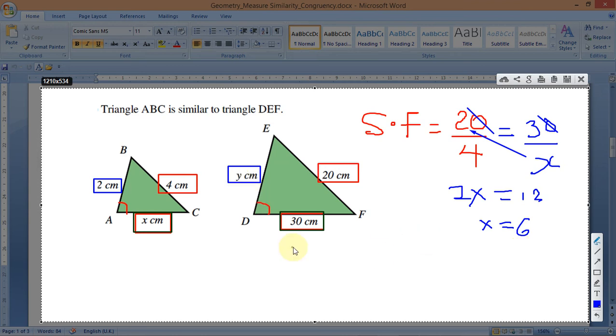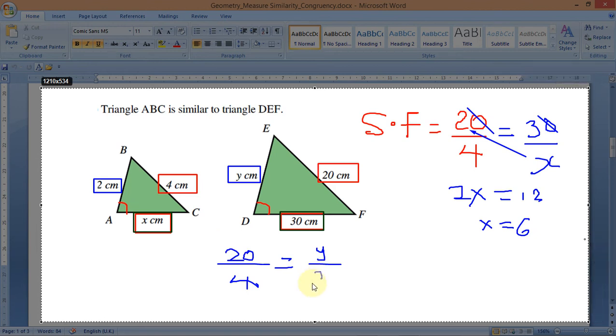How do we go for y? Go with the corresponding sides, also 20 divided by 4, because this length corresponds to this length. That is the known. So let's go for the corresponding one with the unknown: y divided by the corresponding blue one.